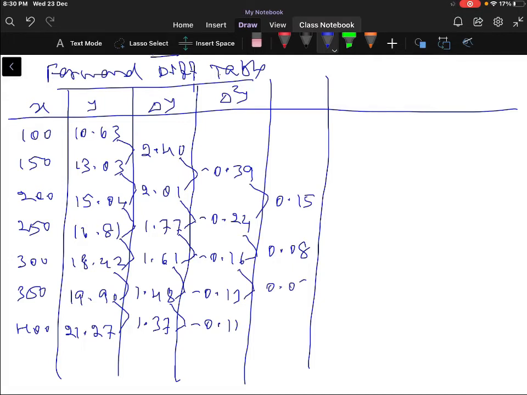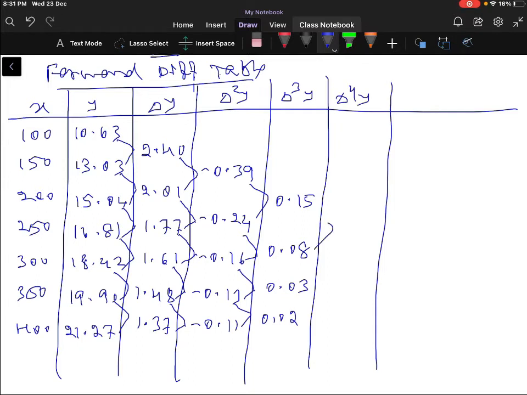Minus 0.13 minus of minus 0.16, that is 0.03. Minus 0.11 minus of minus 0.13, so that is 0.02. So these are the third forward differences.